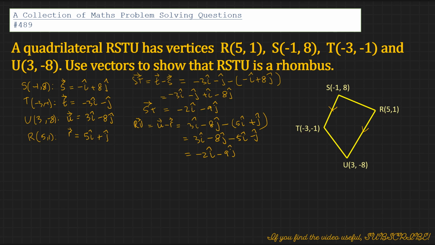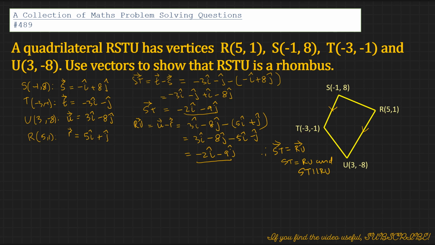So ST equals RU, and ST is also parallel to RU because they are the same vector. Therefore vector ST equals vector RU, and ST is parallel to RU.